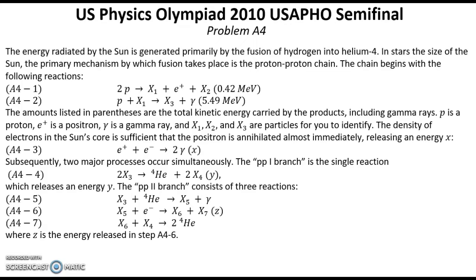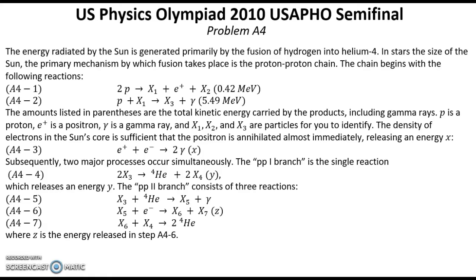The amounts listed in parentheses are the total kinetic energy carried by products including gamma rays. P is a proton, E plus is a positron, gamma is a gamma ray, and X1, X2, and X3 are particles for you to identify.